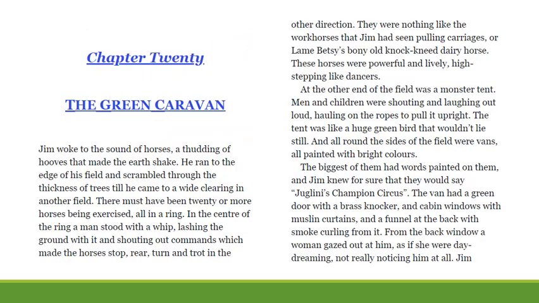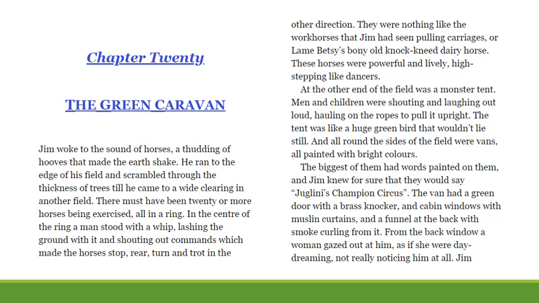Chapter 20: The Green Caravan. Jim woke to the sound of horses, a thudding of hoofs that made the earth shake. He ran to the edge of his field and scrambled through the thickness of trees till he came to a wide clearing in another field. There must have been 20 or more horses being exercised, all in a ring.